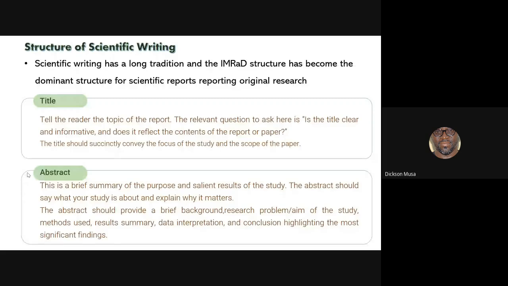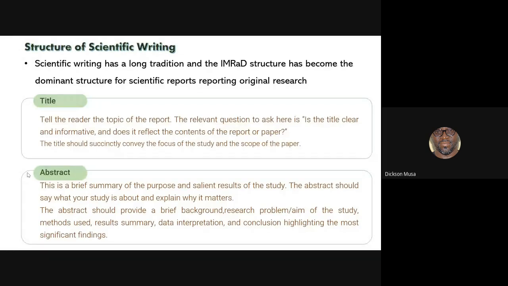The abstract is a brief summary of the purpose and salient results of the study. It should say what your study is about and explain why it matters. So the abstract is the selling point for every article because it tells us what the study is about and why we should bother reading the study, why it matters.